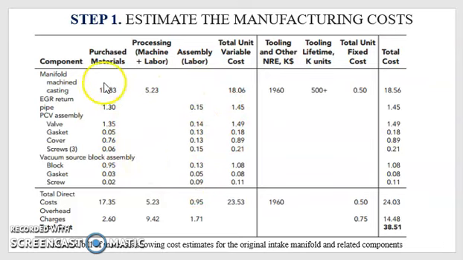Here cost of the raw material, machining and labor is provided for all the different part used in the intake manifold assembly, EGR, PCV assembly and vacuum source block assembly.